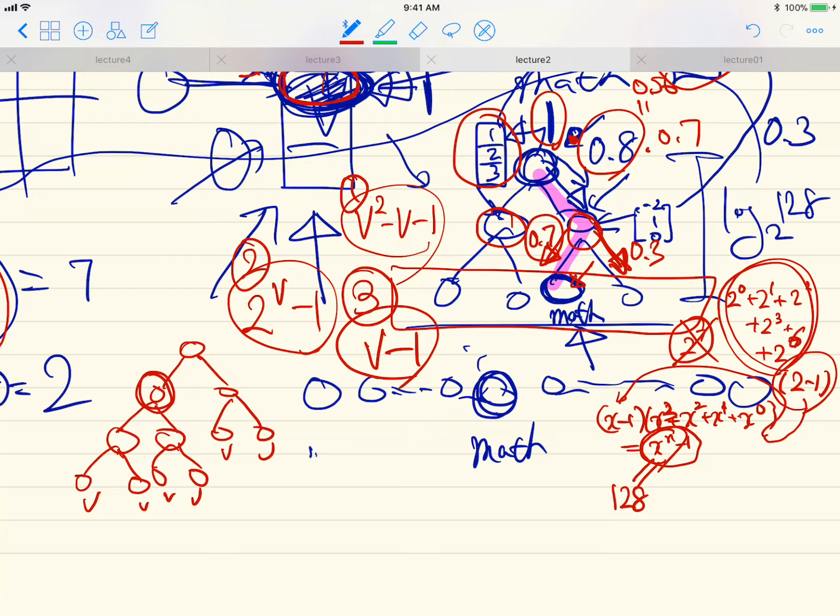So in this case, even though we do not explicitly train the context word vector for individual words in our vocabulary, like 128 context vectors, instead we are training all these internal gatekeeping vectors, which number 127. Okay, one less than the number of our vocabulary.